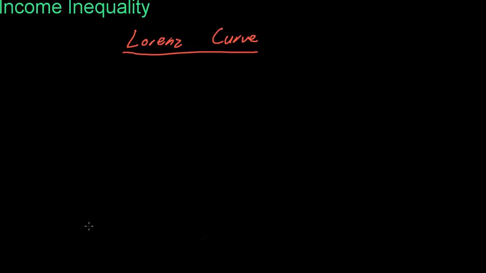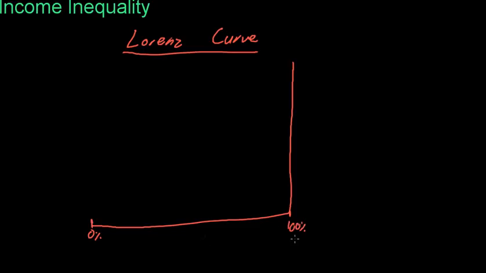So we're going to draw this a little bit backwards because I think it makes more sense that way. So on this axis we are going to go from 0% to 100%, and this is going to be the percentage of the population.